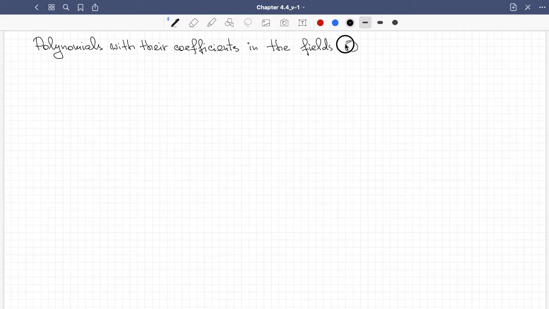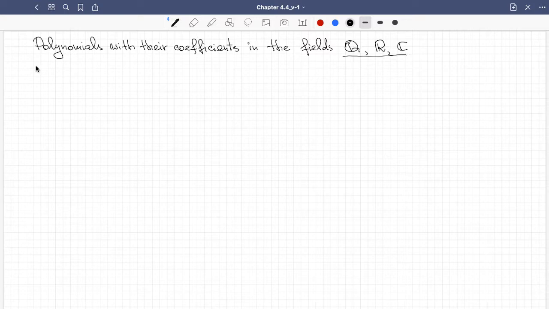So the field Q is the field of rational numbers, R is the field of real numbers, and C is the field of complex numbers. These notations are very standard throughout mathematics. These semi-bold letters are used widely.